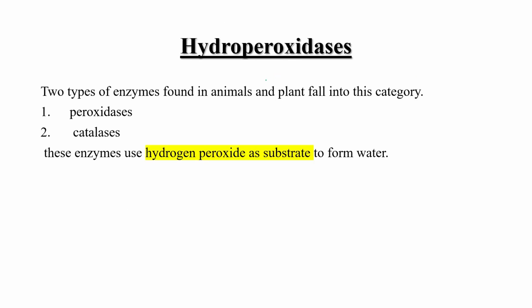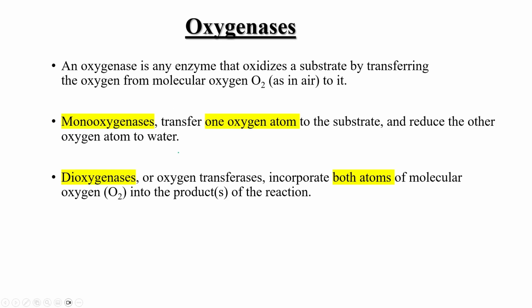Clear? Next type, hydroperoxidases. Two types of enzymes are present in this particular group. These are found in animal and plant categories, and these enzymes use hydrogen peroxide H2O2 as a substrate to form water. Peroxidases and catalases are the examples. Next, oxygenases.